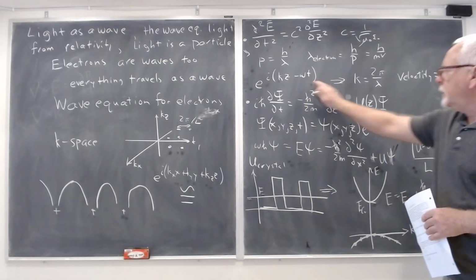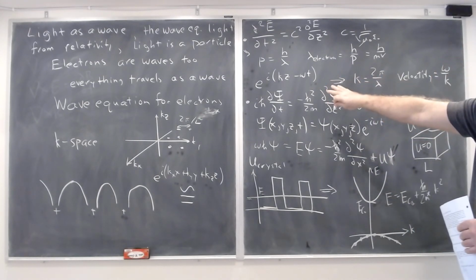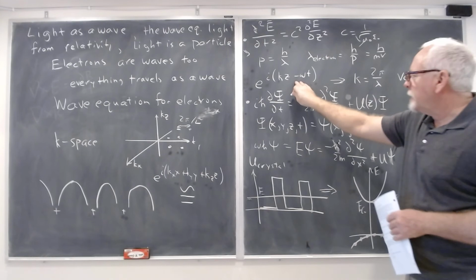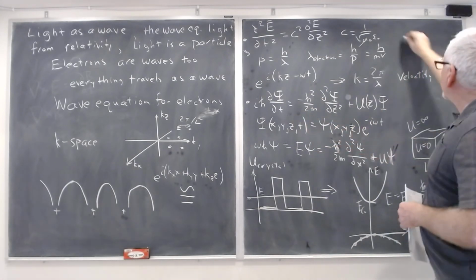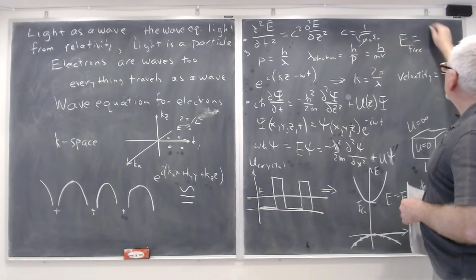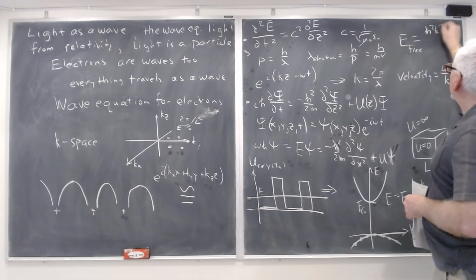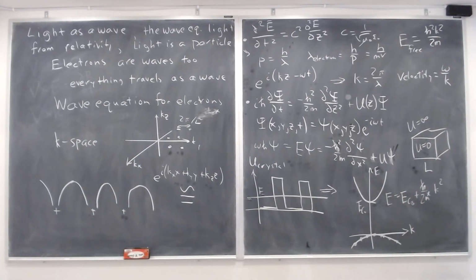Going back up to here, if we plug the free wave function e to the i(kz minus omega t) into Schrödinger's equation, we get that E of a free electron is h bar squared k squared over 2m, the mass of a free electron.